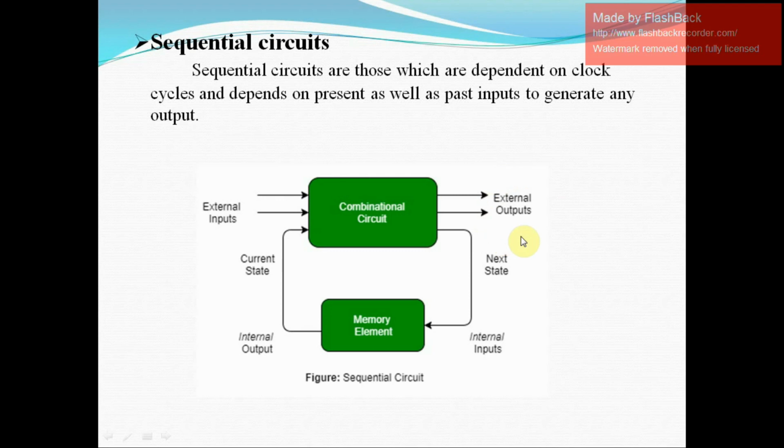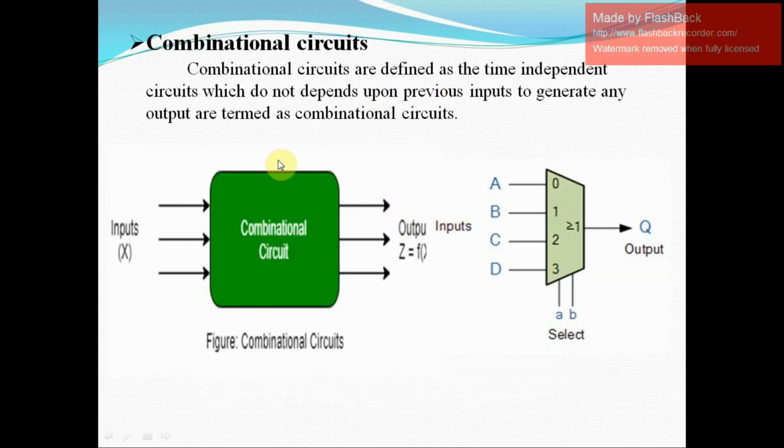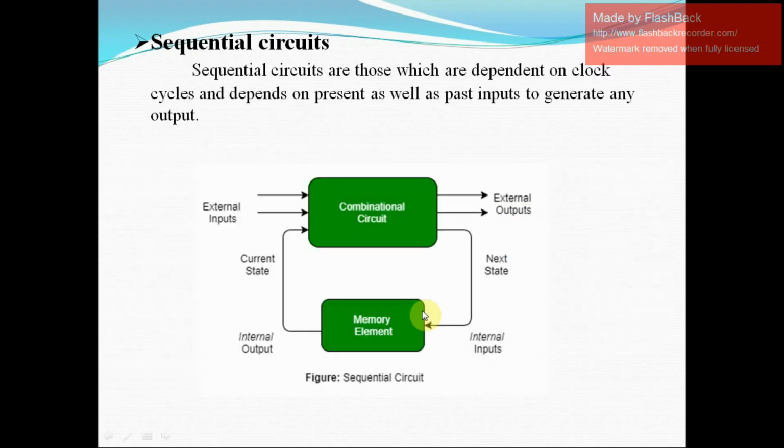Hence, a circuit whose output depends totally upon clock inputs as well as present and past values of the inputs is called a sequential circuit. If you observe carefully, what is the difference between combinational and sequential circuits? Sequential circuits require a memory element. This is the major difference between sequential and combinational circuits.